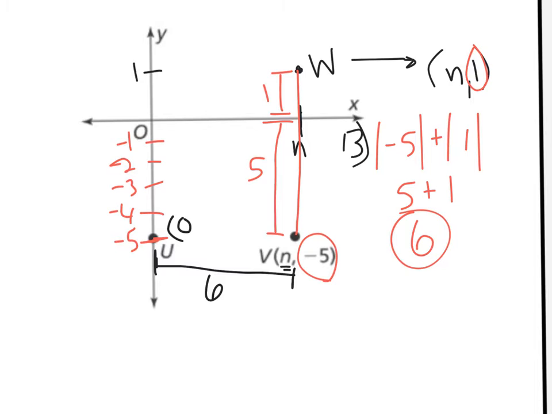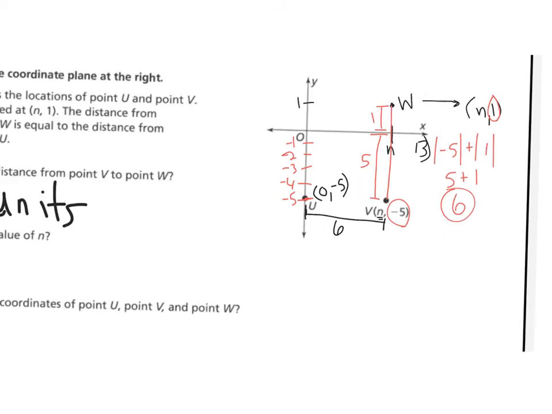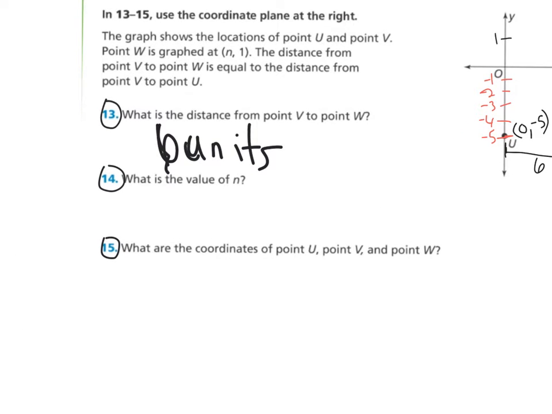U is obviously at 0, -5 by how we've got this marked. So if we go from 0, -5 to n, -5, and we went over 6 units, then n must be equal to 6. That's just an observation from thinking through some things there. So n is equal to 6.